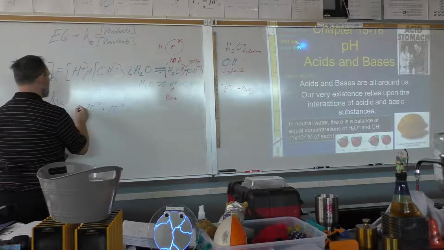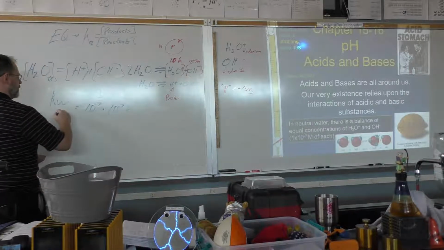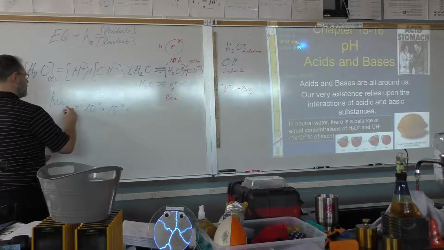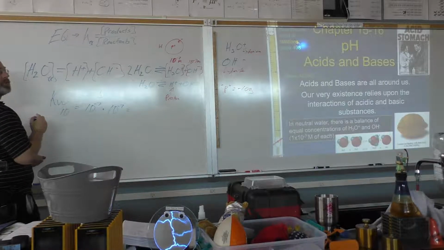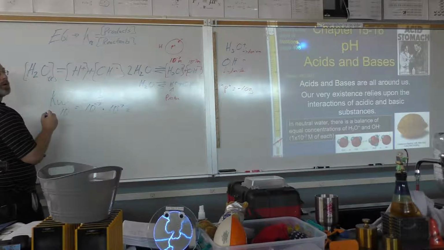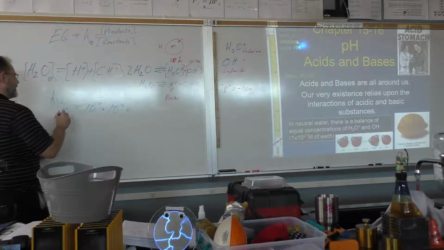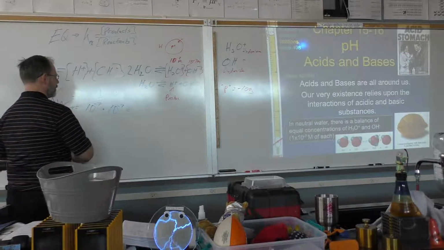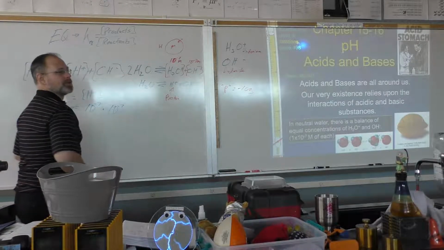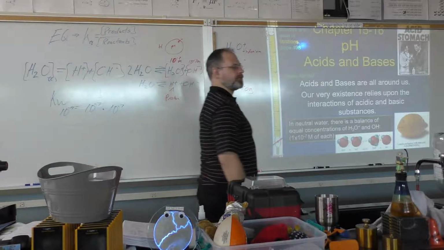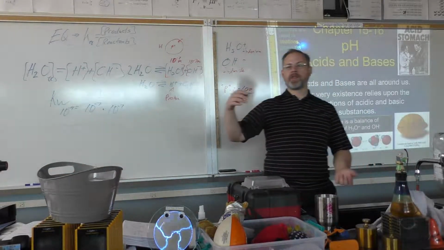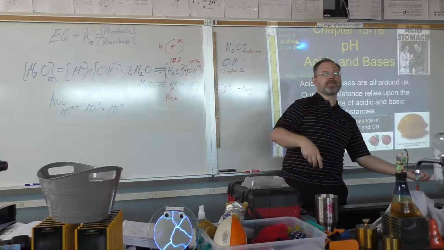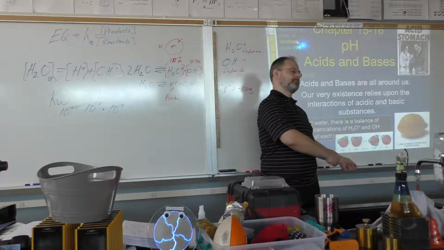Which means the Kw would be what? 10 to the, please don't say 2 times 10 to the, 10 to the negative 14. Yay! Okay. So 10 to the negative 14. When you multiply numbers with exponents, you add their exponents. So 10 to the minus 7 multiplied by 10 to the negative 7 is 10 to the negative 14.